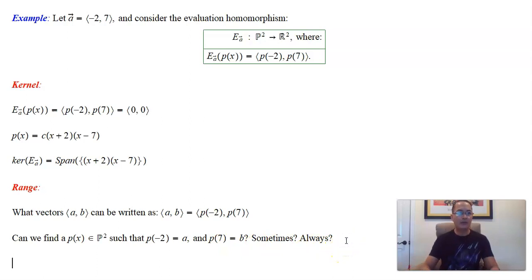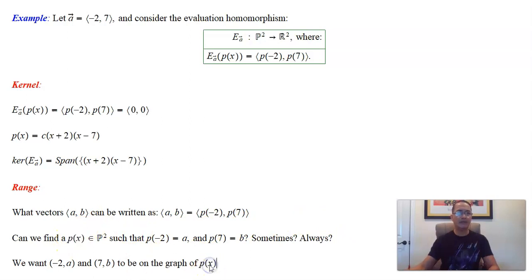Here's another way to think of it. We want the points (-2, A) and (7, B) to be on the graph of p of x.